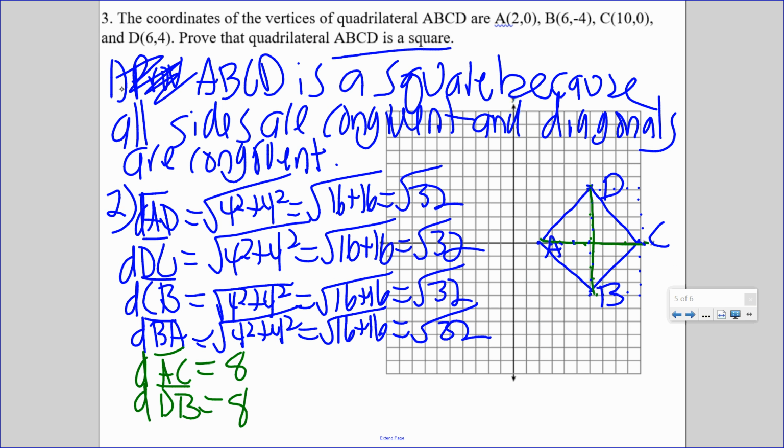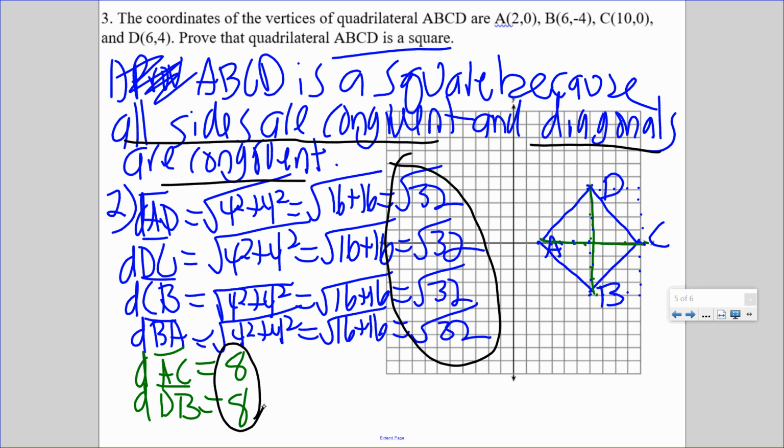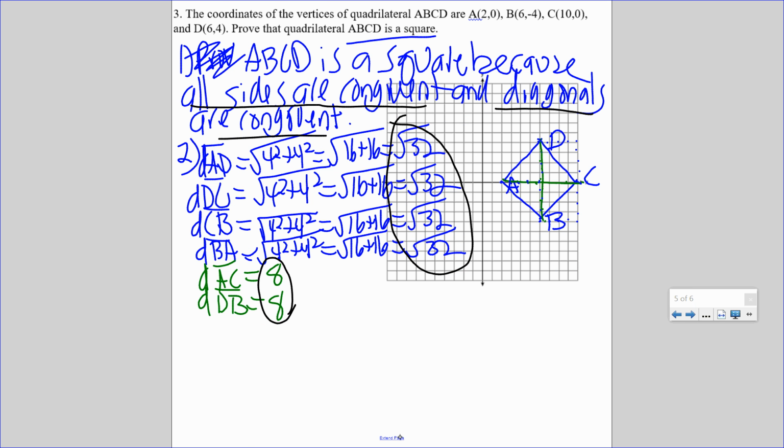I showed that all sides are congruent, and I showed that diagonals are congruent. So now I tie it all together. All sides are congruent, so tell me what sides are congruent. AD is congruent to DC, is congruent to CB, is congruent to BA.